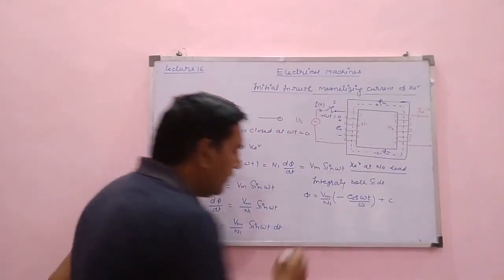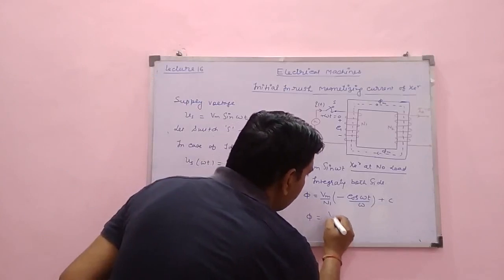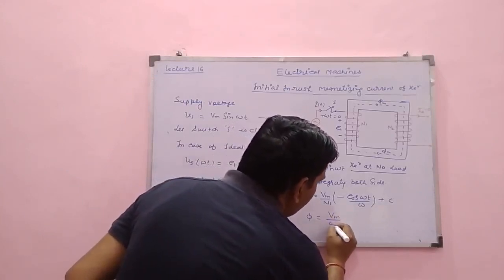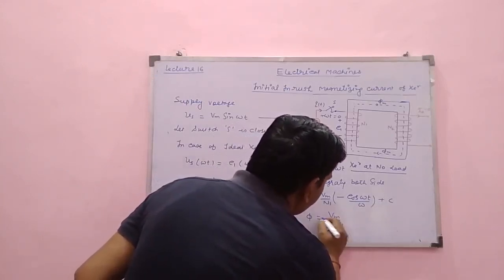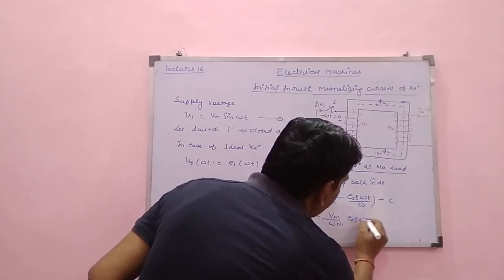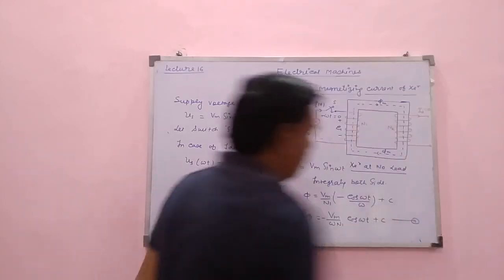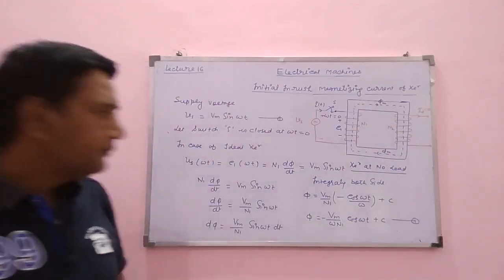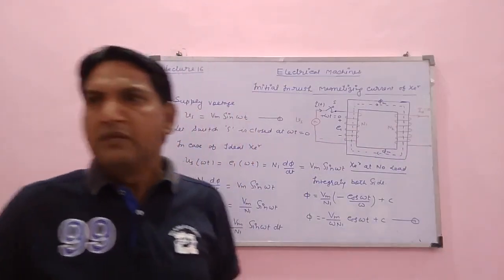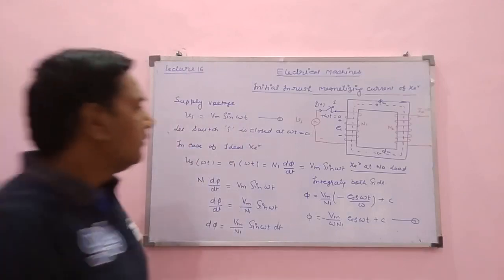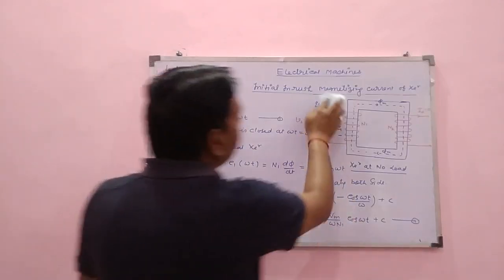So finally we can write phi is equal to Vm upon omega N1 times minus cos omega t plus c. This is equation number one. Now we can draw it.